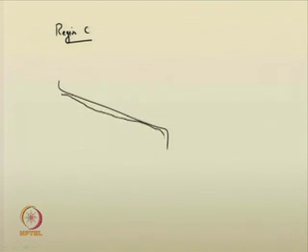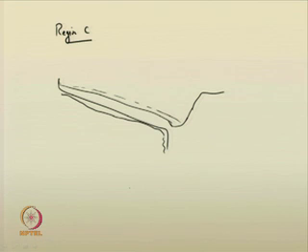So, this is the channel bed. Your flow may be something like this. It is below the critical depth, and from here it causes a jump and flows like that. So, this is one type of situation that can be encountered in such channels.